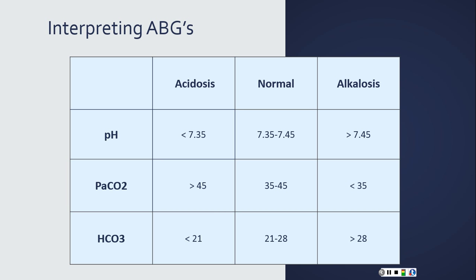Now we got to figure out, okay, is it a respiratory problem or a bicarb problem? Okay? Because we haven't seen this progression. We just see the numbers. So if the pH is on the acidic side, where's CO2? The acidic side. Bicarb is up. It's abnormal, but it's on what side? The alkalinic side. So we know that's not the problem.